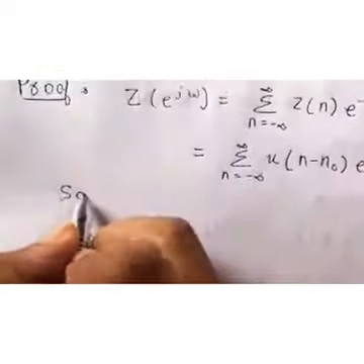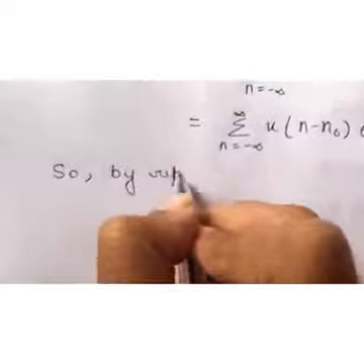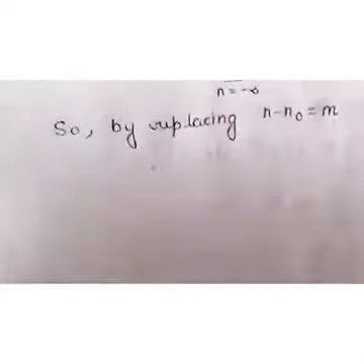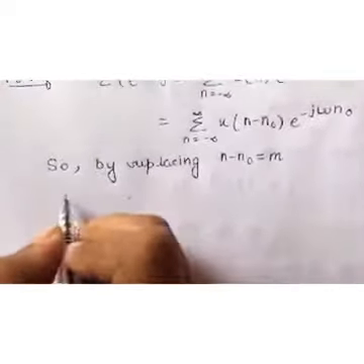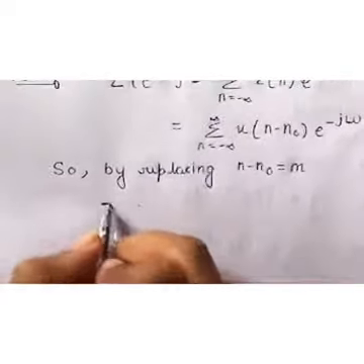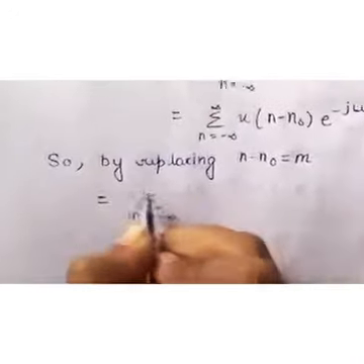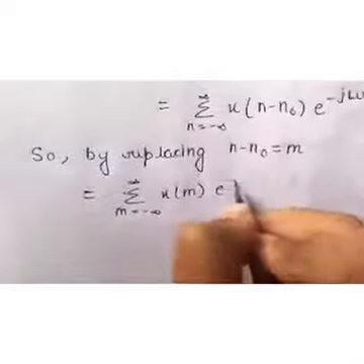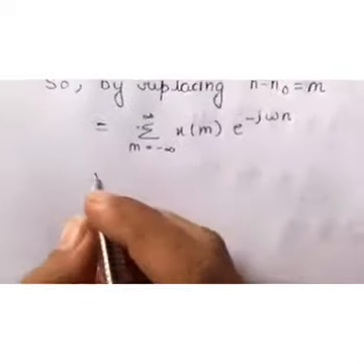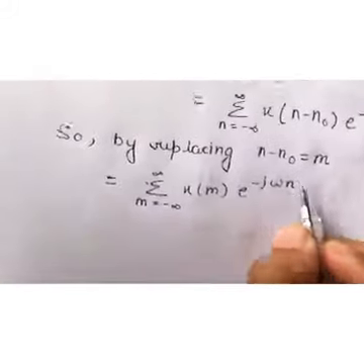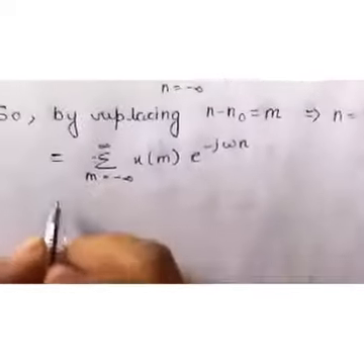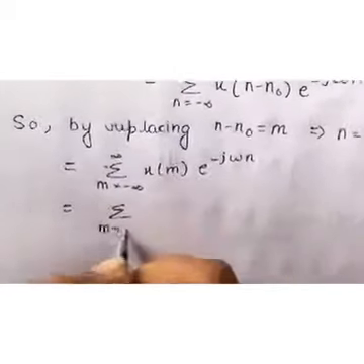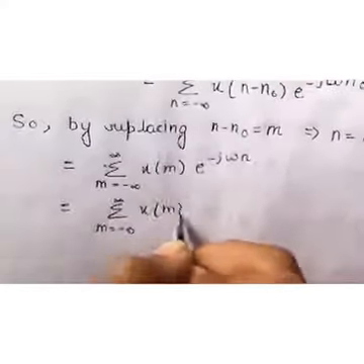So by replacing n minus n naught with m, we get x of m e to the power minus j omega n, and here n is replaced by n equals m plus n naught.